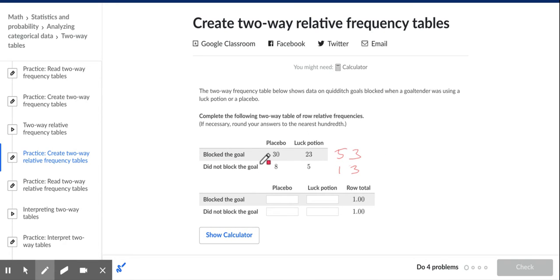The percent of blocked goals that were placebo, where the keeper was placeboed. The percent of blocked goals that was where the keeper was placebo. So that's 30 divided by 53.